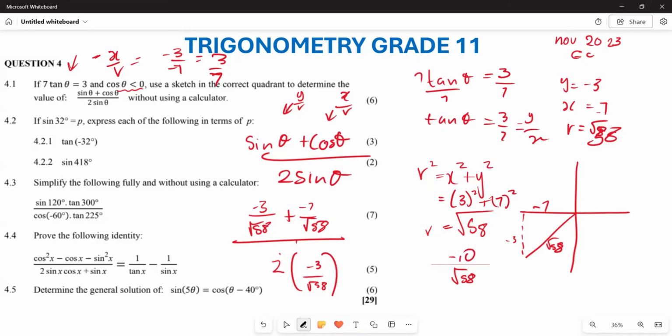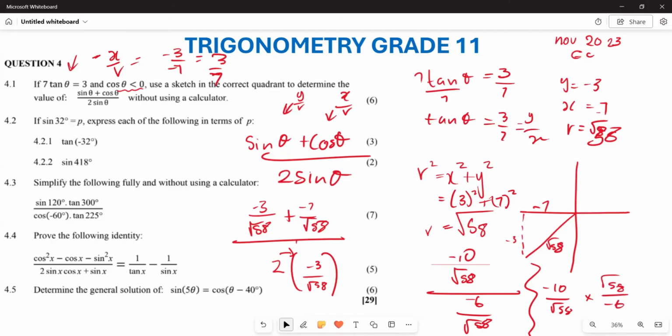And what is it that you're going to have here? This is negative 10 divided by 2 multiplied by 3, which is the same as negative 6 over root 58. Okay. Now once you have that, you can change that into multiplication. So this is the same as negative 10 over root 58 multiplied by root 58 divided by negative 6.